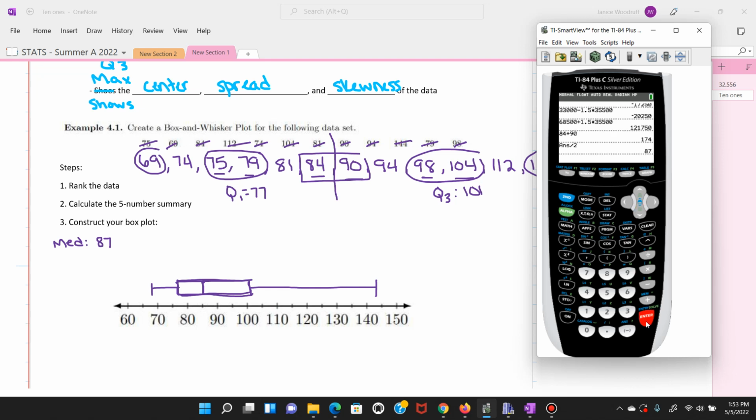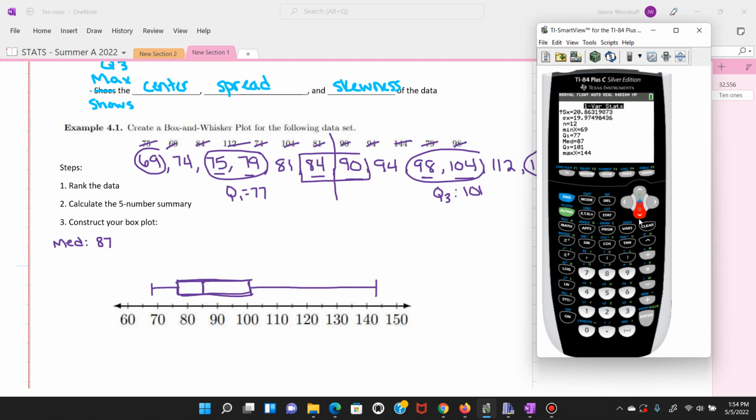And I'm going to hit calculate. And I've got all this fun stuff, which we're going to learn shortly. Okay, but scroll down. Look at that. There's your 5-number summary. Minimum, 69. Quartile 1, 77. Median, 87. Quartile 3, 101. Max, 144. There's your 5-number summary.